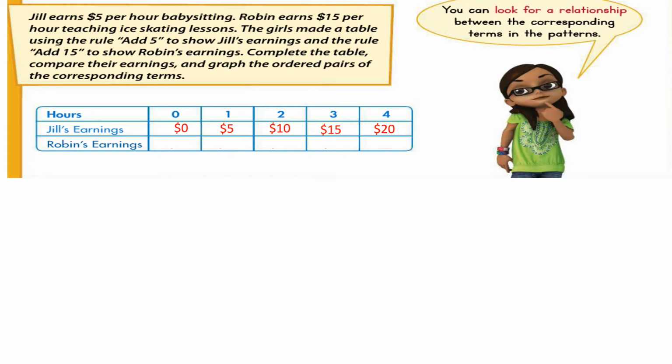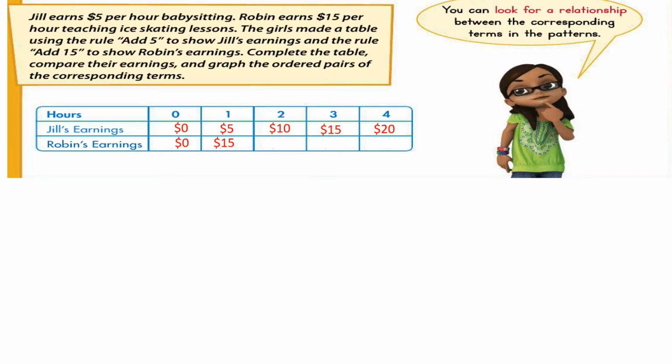As he said in the question also, the rule of Robin is adding 15. So I'm going to add 15 to get how much money she earned after each hour. Firstly, for 0, that means she didn't work yet, so of course she didn't get money, which is 0. After 1 hour, of course she got $15. And what is the rule again, guys? The rule is adding 15.